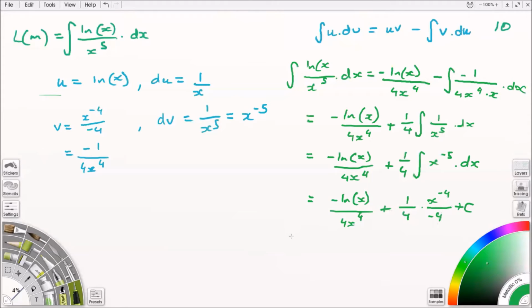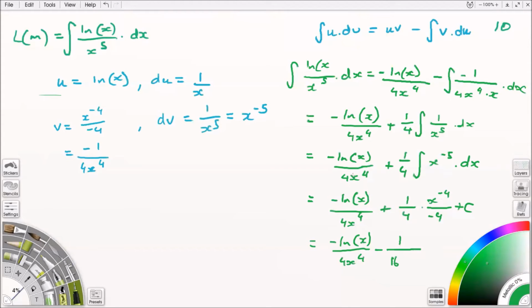These are times together, so we get negative log x over 4x to the 4, plus, now that would actually become a minus, I can see, because we've got a minus up here, positive there. In fact, we can bring the 4 down below, which would just leave us with the 1 on the top.